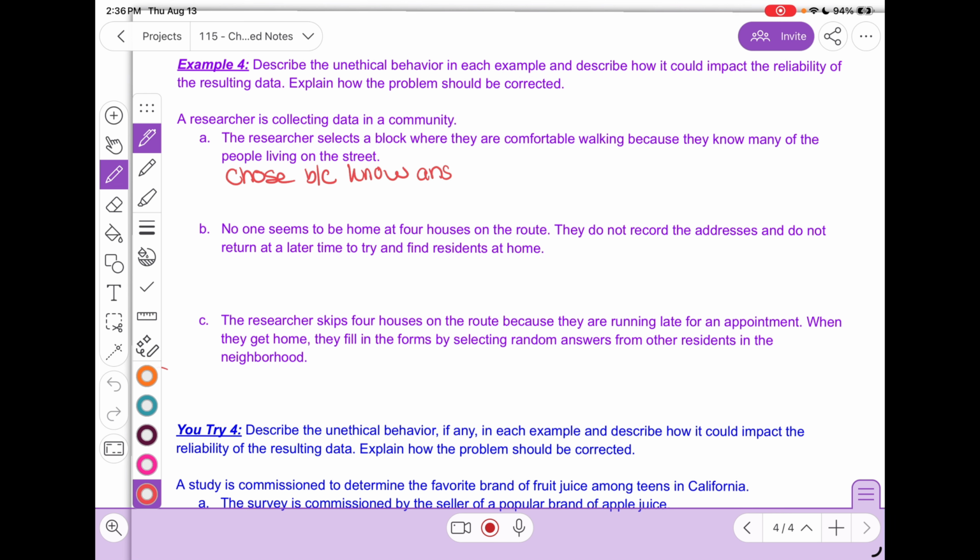So maybe they only went to the block because they knew they were going to get the answers they wanted. So now you've got a convenience sample. That's not okay. It's not random.